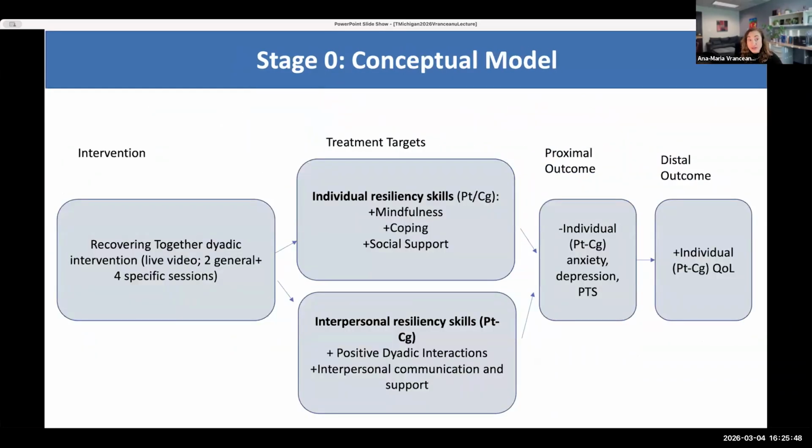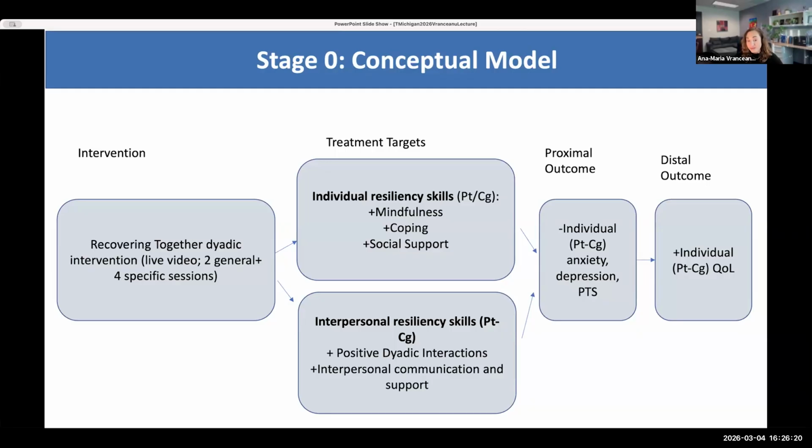Based on this information, as well as some theoretical models that I'll talk about in a minute, we developed our early conceptual model, which shows that our intervention, and we landed on the number of sessions and all these details later, but our intervention components would engage individual resiliency skills, so would lead to improvement in mindfulness, coping, and social support, as well as interpersonal resilience factors.